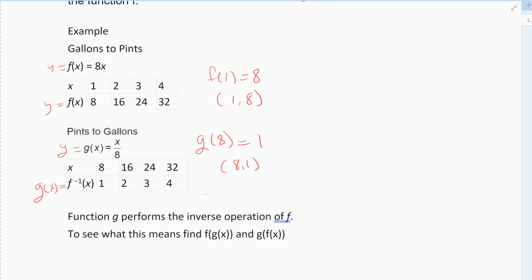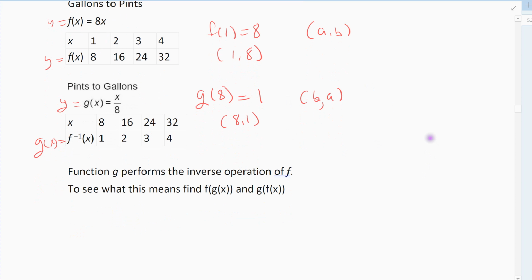I get the exact opposite. My x's and y's are all flipped. What was (a, b) here becomes (b, a) here. All my x's and y's are interchanged. And so the function g performs as an inverse of the operation of f. So g, which is x over 8, is the inverse of f.